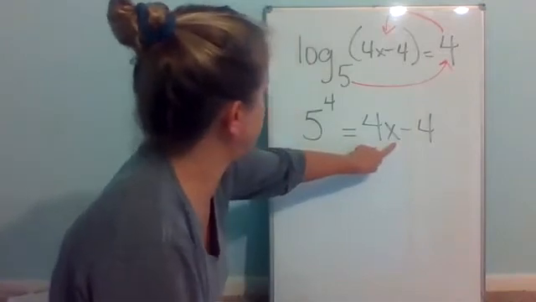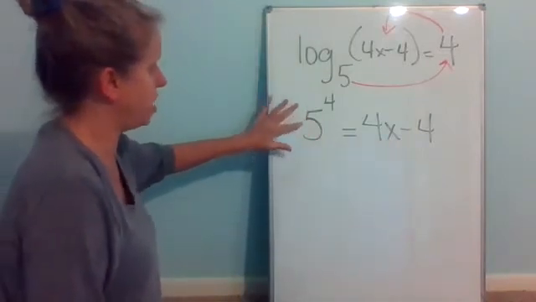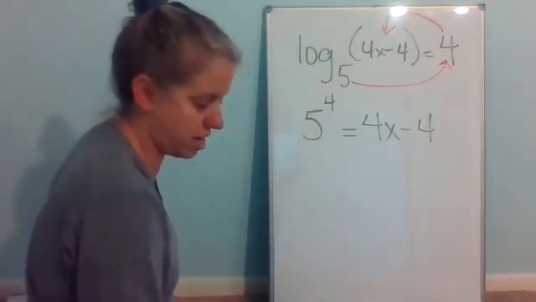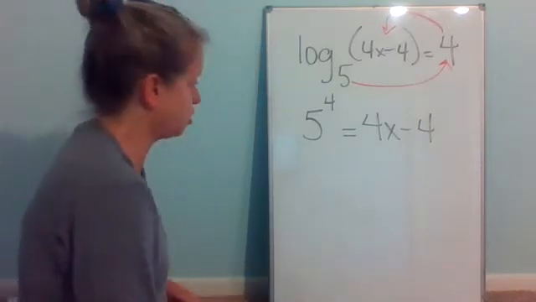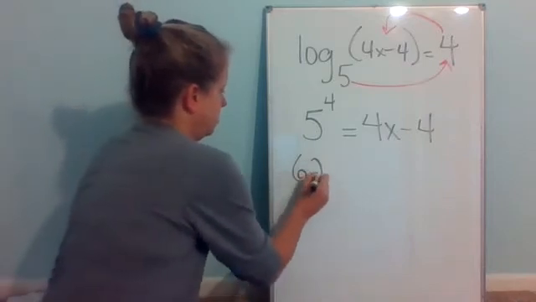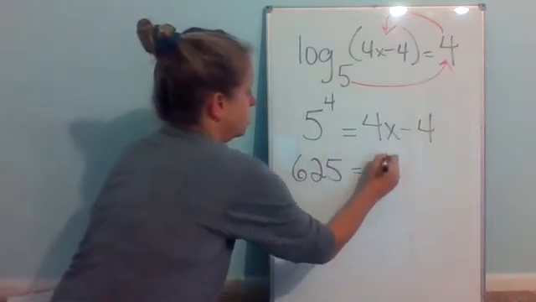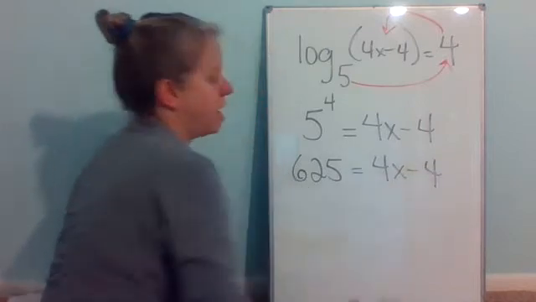So now here's my x that I'm solving for. I just need to solve this equation. 5 to the 4th power is 625. 5 raised to the 4th is 625 equals 4x minus 4.